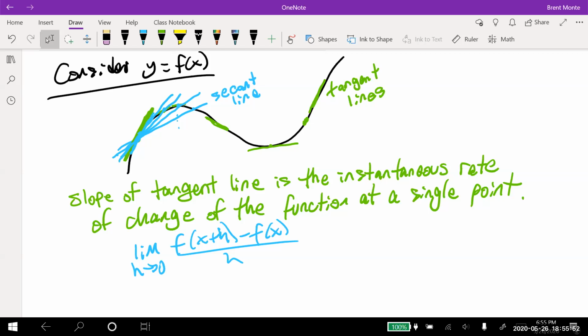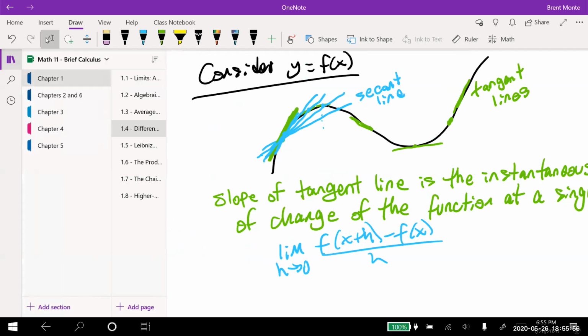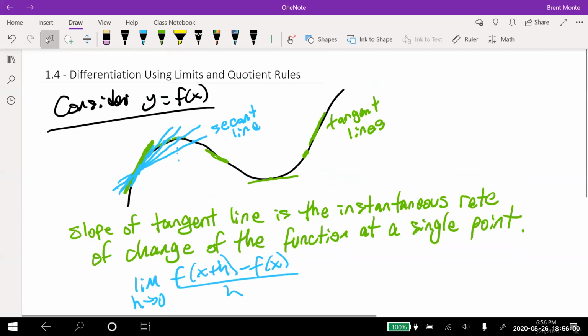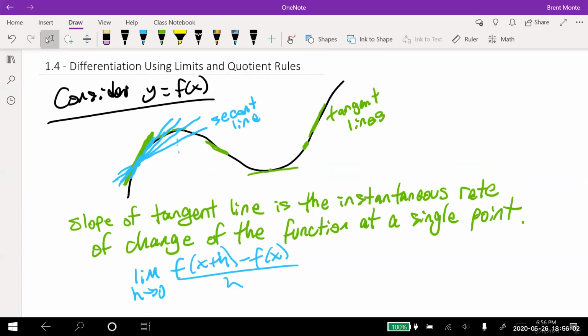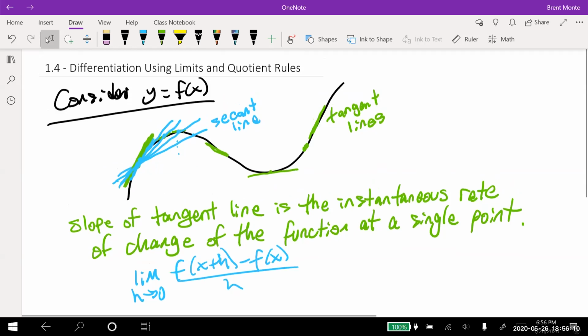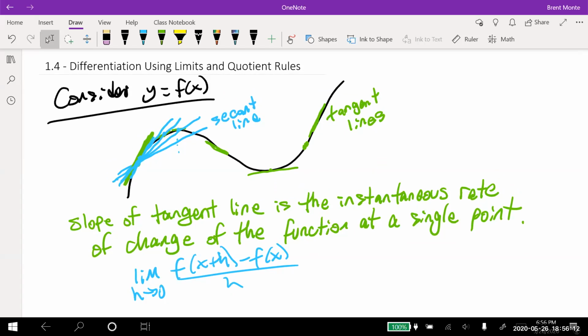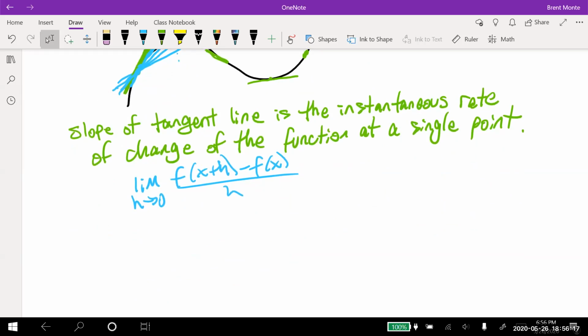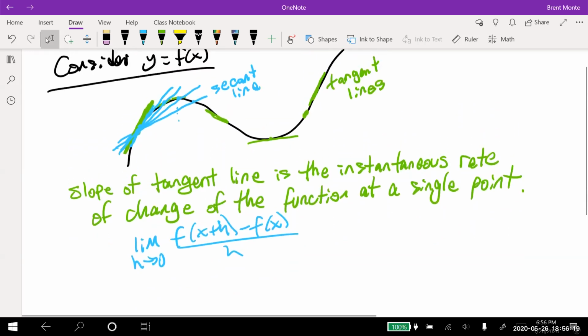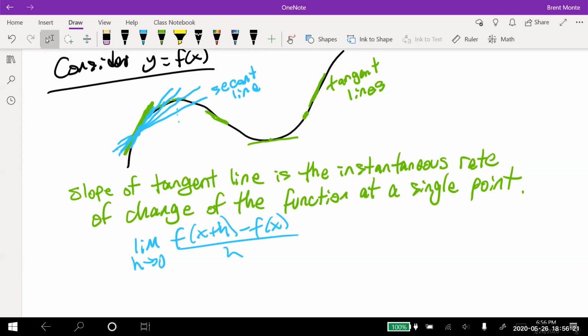Now, if I look back here, remember, well, we don't have to go there. Let's just flip up a little bit. It's just called differentiation using limits and quotient rules. I don't think it's called quotient rules. I think I misnamed that.